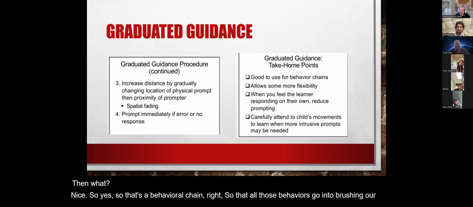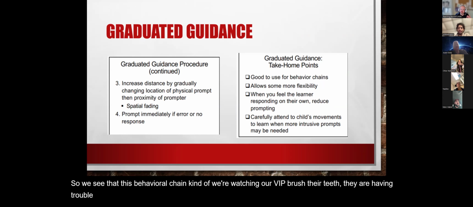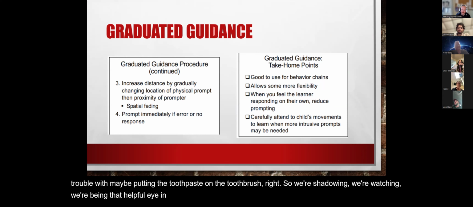So with this behavioral chain, we're watching our VIP brush their teeth. They are having trouble with maybe putting the toothpaste on the toothbrush, right? So we're shadowing, we're watching, we're being that helpful eye in the corner. We know they have trouble here. We're watching, and they start to have trouble with it.